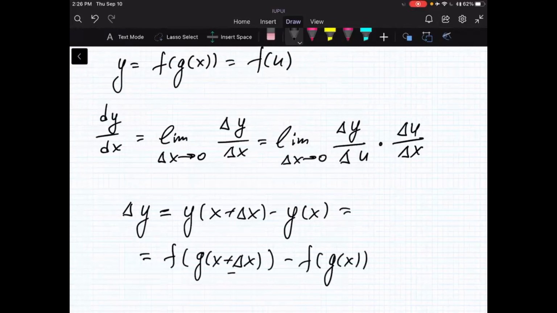And you see that delta x is sitting inside another function. So it's not quite simple to understand what is delta y divided by delta x here. Instead of that, we'll use this trick. We'll multiply and divide by delta u. So it's tricky.